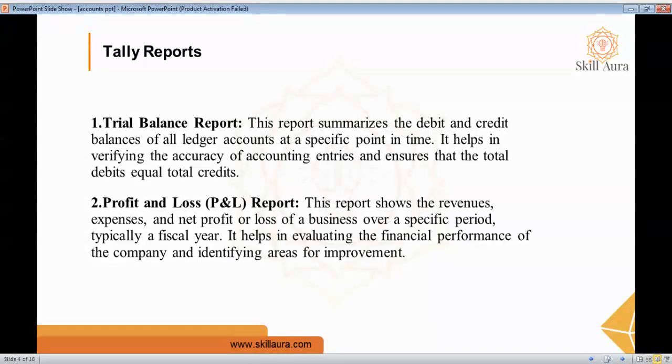The profit and loss account is also called the P&L report, a financial statement which summarizes the company's revenue and expenses and net profit or loss over a specific period. It can be a month, quarterly, yearly, etc. This report provides insight into the company's financial performance and helps the business make better informed decisions.